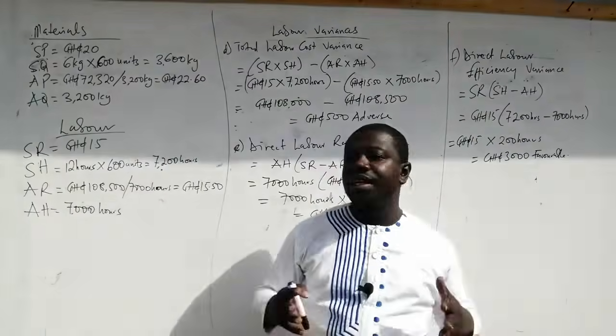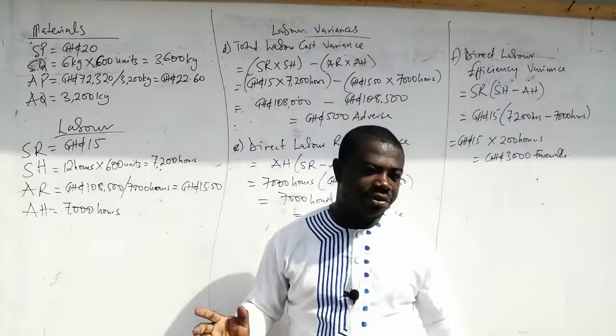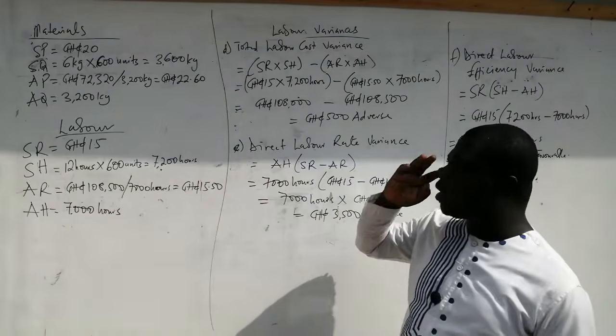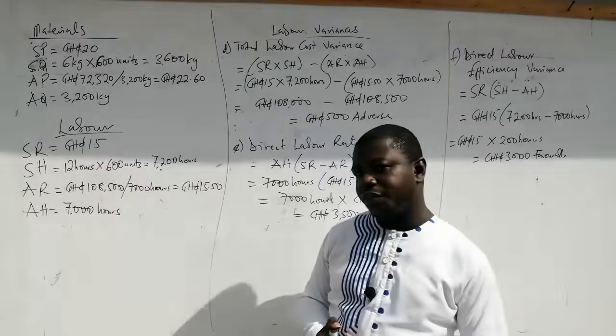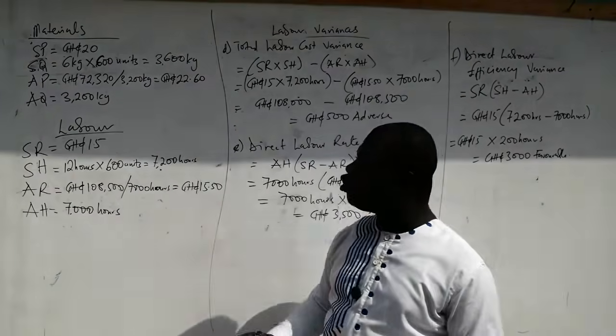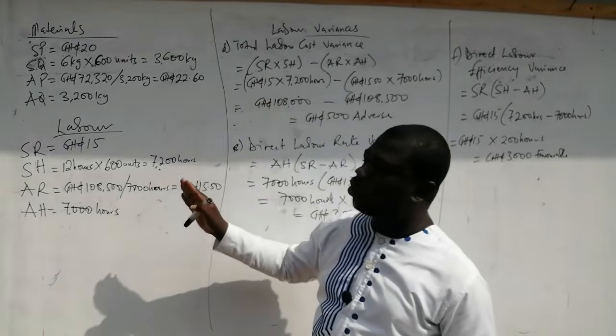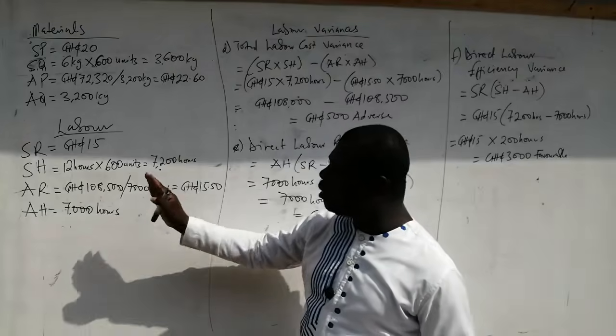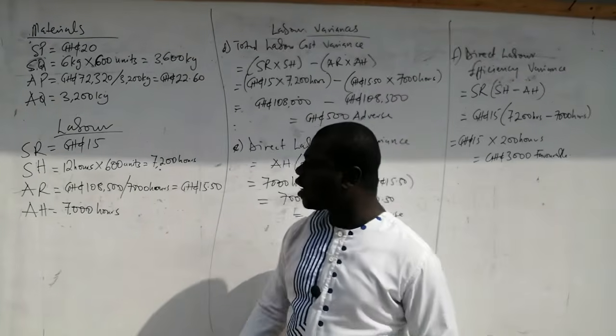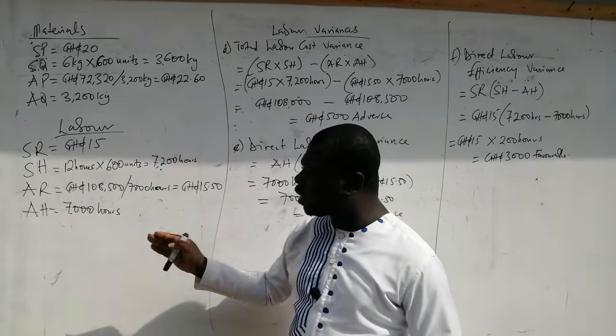Ladies and gentlemen, you see, variance analysis is very simple. We just have to establish this first. I always tell my students, this is the most important part of the question. Whenever you get a question, you have to establish the standard and the actual for both price and quantity, that is for materials. If it is labor, you look for your standard rate and your actual rate, standard hours and actual hours.